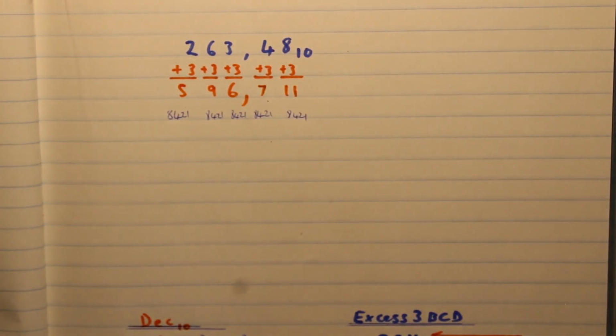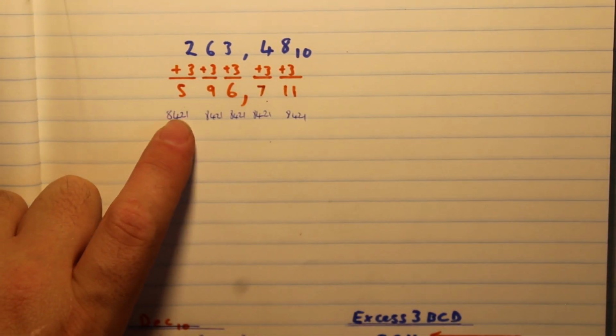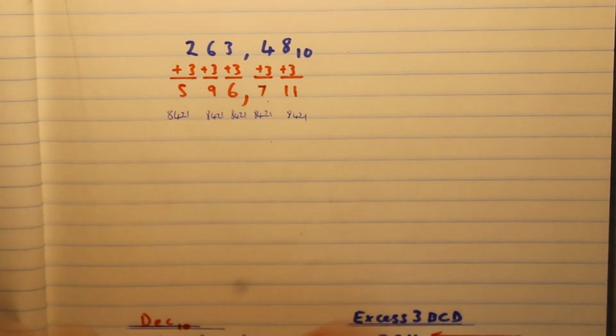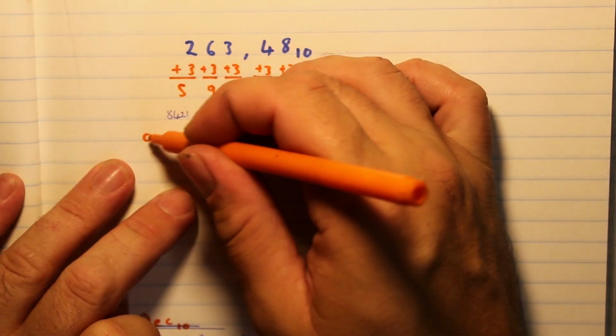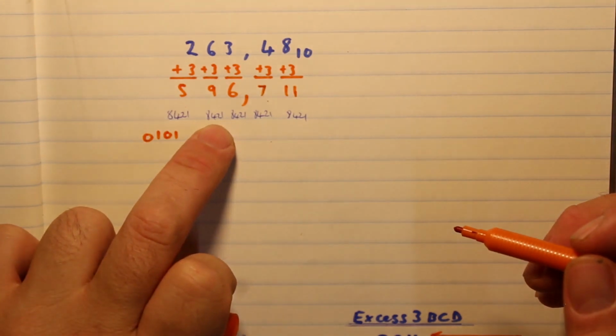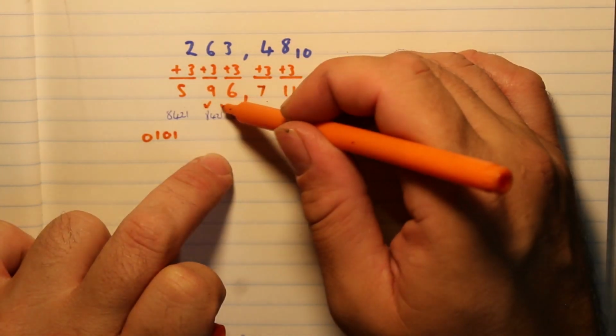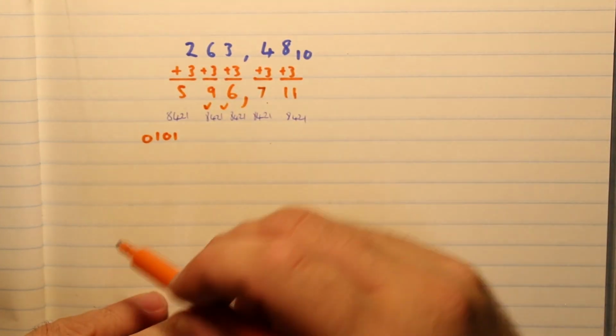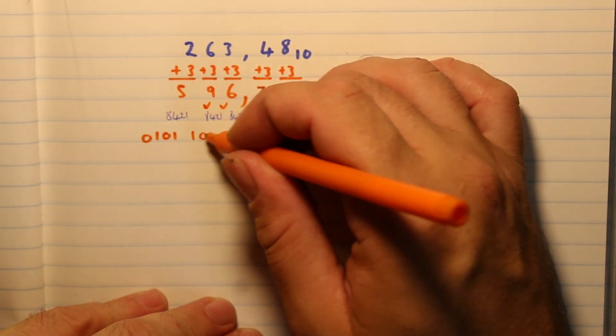All right, so I've written them in small underneath there, and then we can just convert them into binary. So 5, I'm going to use the 4 and the 1, so that's going to be 0, 1, 0, 1. The 9, I'm going to use the 8 and the 1, so that's going to be 1, 0, 0, 1.